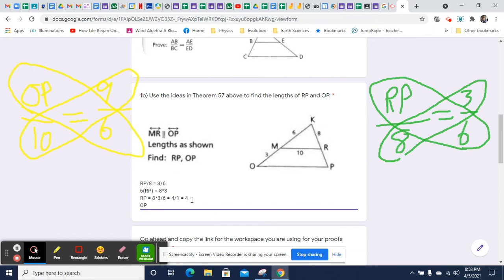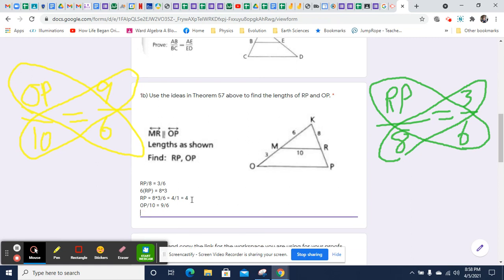So we know OP is to 10 as 9 is to 6. So it's a 1.5 relationship or 3/2 relationship. But it should be obvious probably at this point that OP is 15, but I'm going to go through the process. So 6 times OP is going to equal 9 times 10.